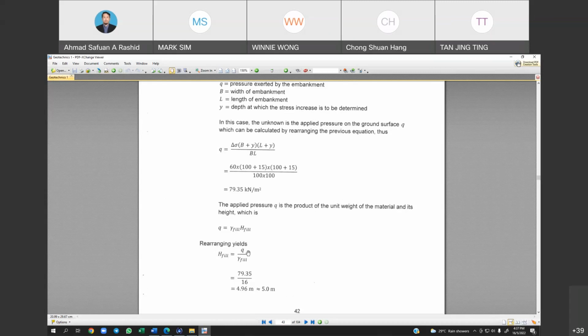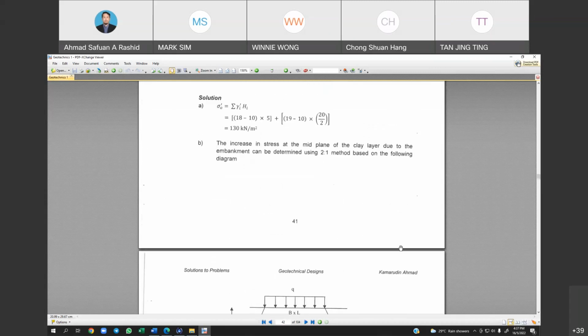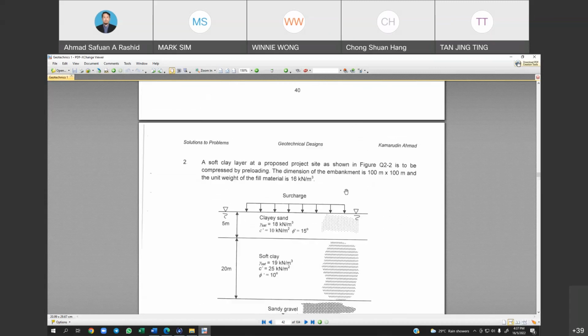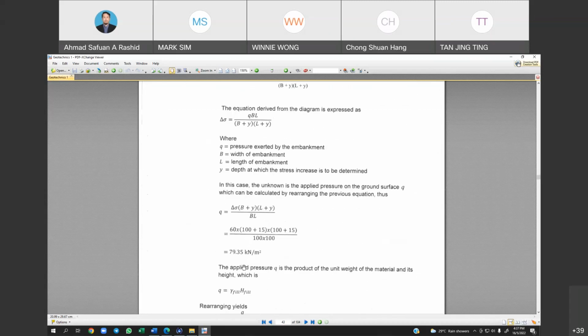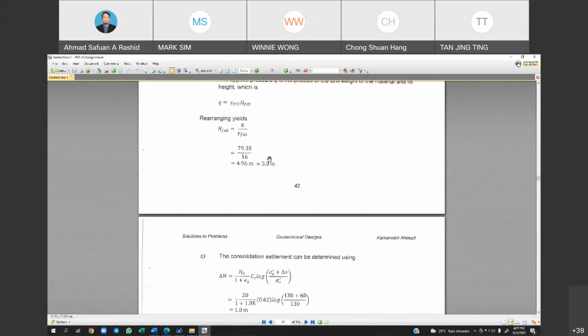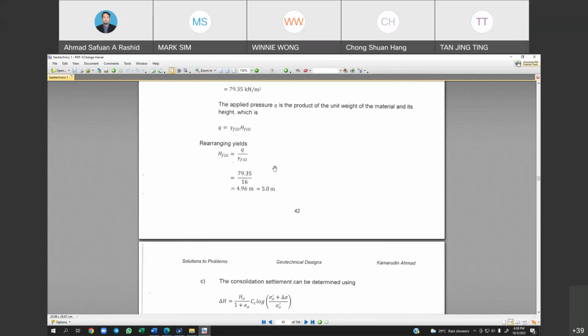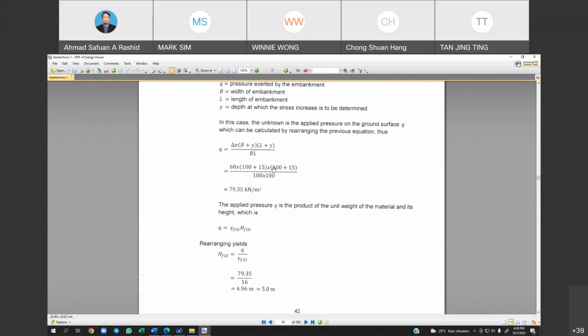So Q, 79.35, over the unit weight of the fill material, which is 16. Then the height of the fill material is equal to 4.96, or equivalent to 5 meter height.